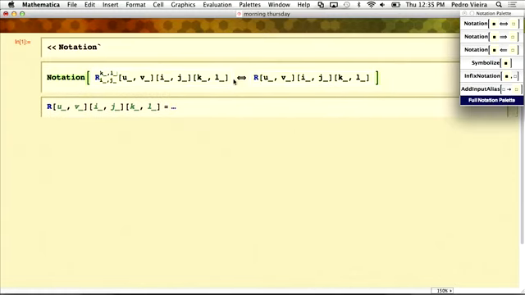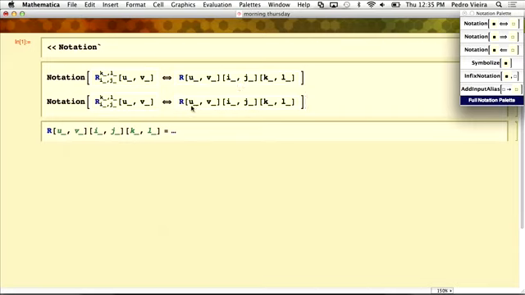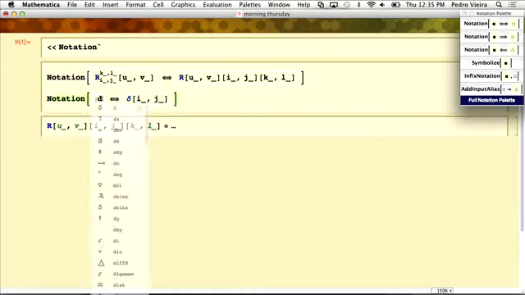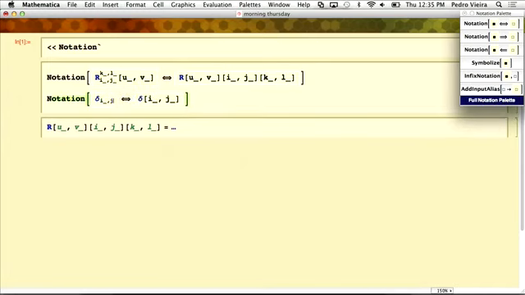This allows Mathematica to recognize the expression on the left-hand side as equivalent to the one on the right. And if I have, for example, a delta function, we also like delta ij to have indices down, so we want this to be equivalent to delta ij. This is just convenient.